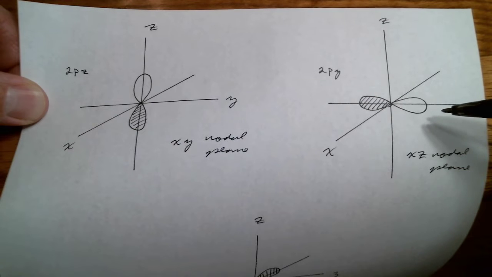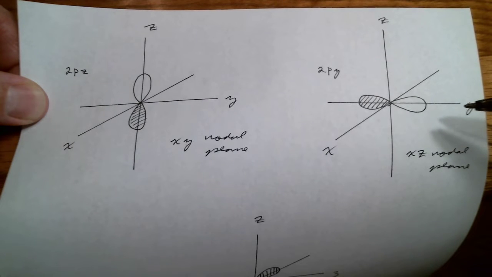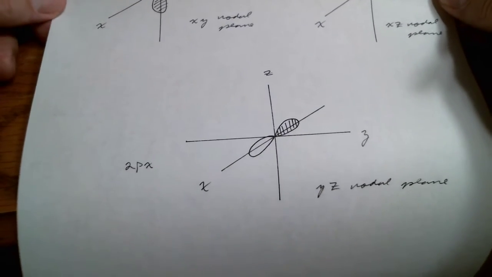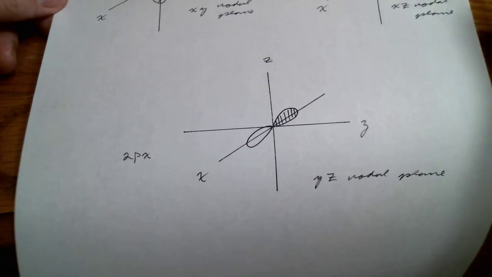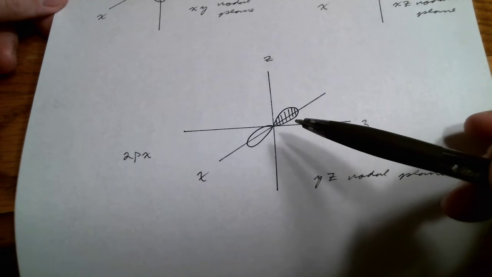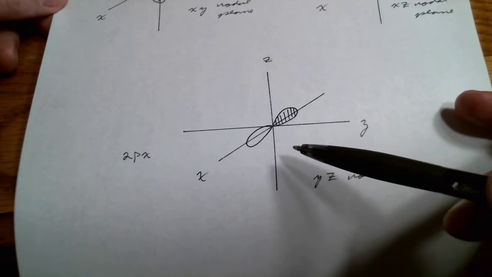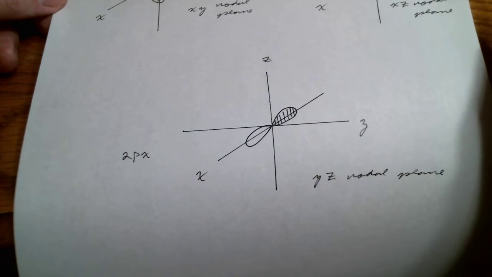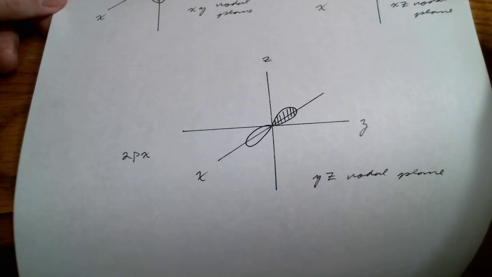The 2py orbital looks very similar to the 2pz orbital, except it lies along the y-axis, and the xz plane is the nodal plane. The 2px orbital similarly looks like the 2pz and the 2py orbitals, but it lies along the x-axis, and the yz plane is the nodal plane.